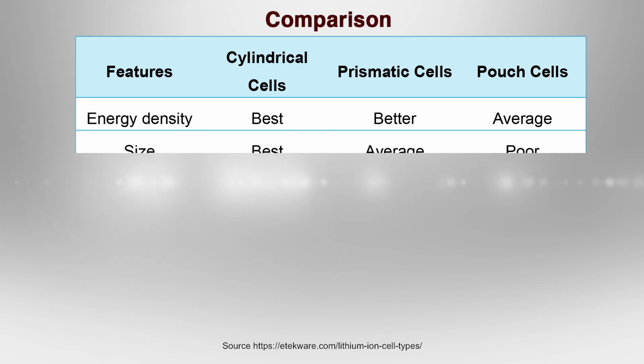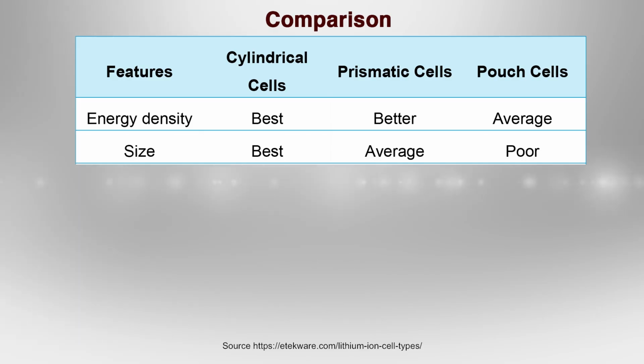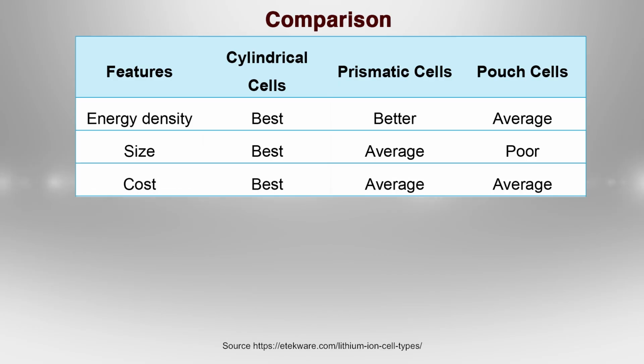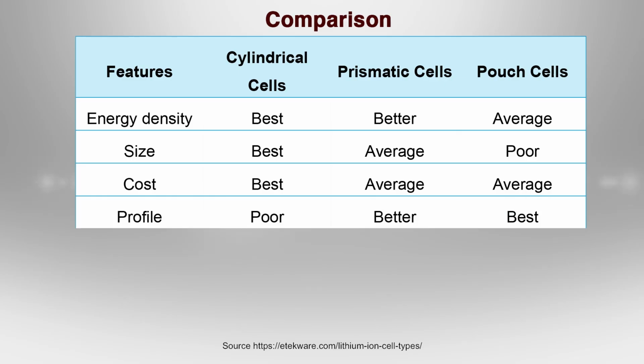If we compare the size, then the cylindrical cell has the best size among all battery cells. And with respect to cost, no doubt the cylindrical cell is cheaper compared to the others. And with respect to profile, the prismatic has the better profile.